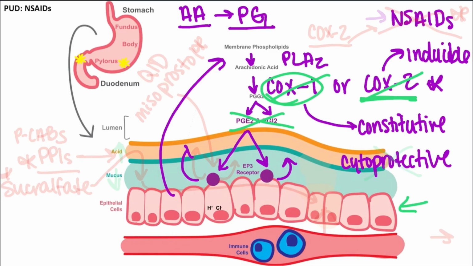So even though we have alleviated the knee pain, we are inhibiting the cytoprotective action of prostaglandins in the GI tract. So we end up with more acid and less mucus and bicarb, eventually eroding away this protective layer, exposing the mucosa to gastric acid and eventually leading to ulcer formation.